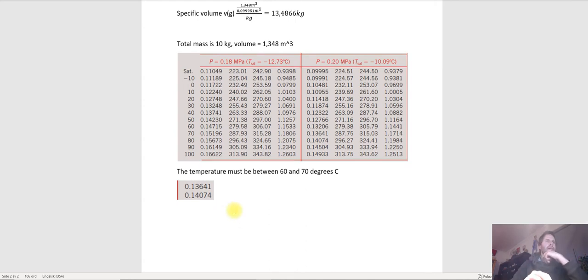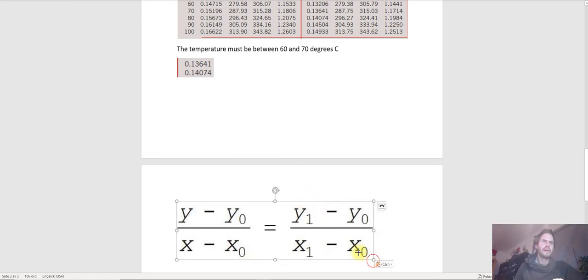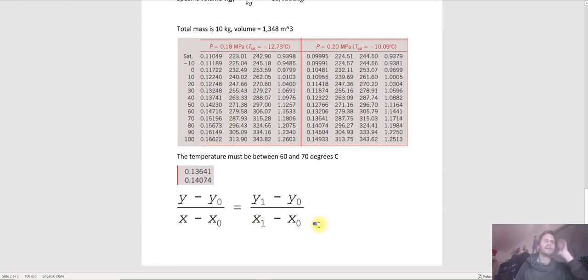Let's see. So to find that, there is a formula, the interpolation, to find the in between there, because we will just make a linear interpolation. So I will write you the equation here so you can see how it does. So yeah, it's basically like this. There you have it.